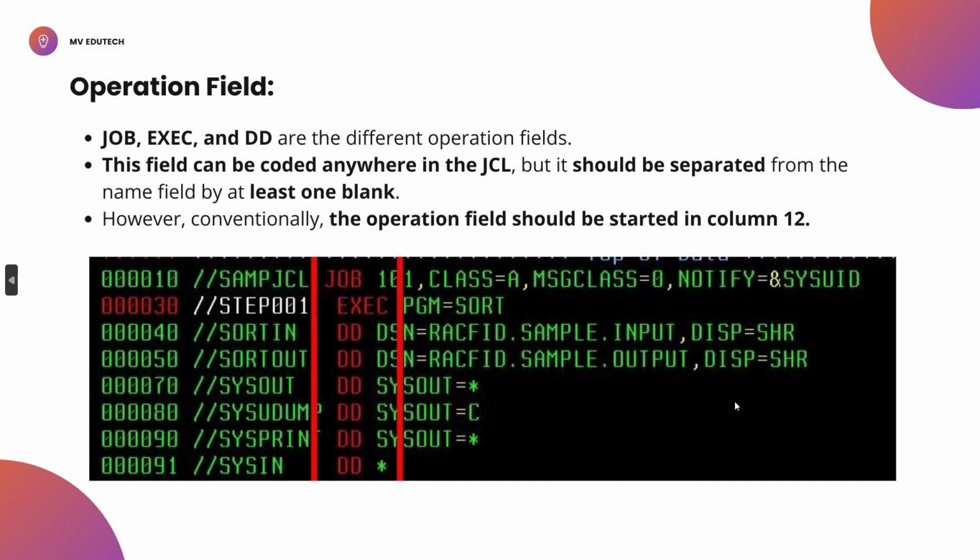After typing the name field, give one space and you can type it anywhere. However, the operation field should start at column 12 and run from 12 to 15, and the 16th column is filler.